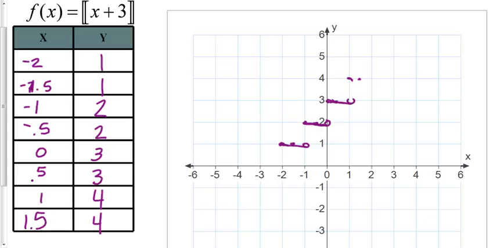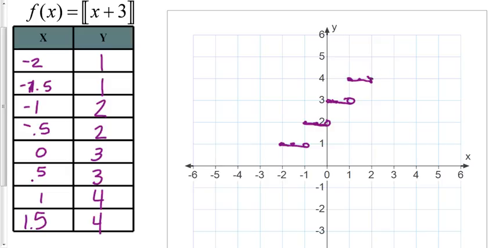Open dot here because 1 doesn't go to 3, 1 goes to 4 now, so the function jumps. Anything that I plug in between 1 and 2, like 1.7, 1.8, whatever, all of those values will stay at 4. And so I've got a horizontal line in between 1 and 2 at 4 here, open circle.